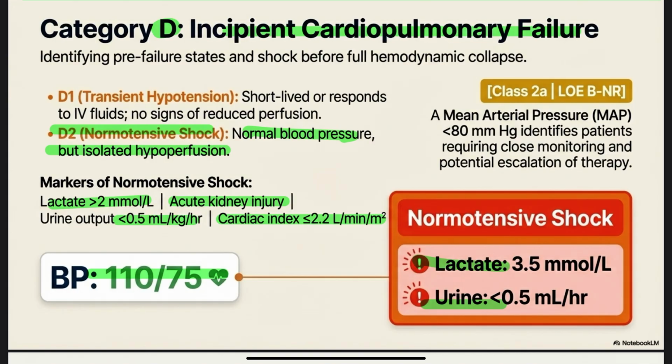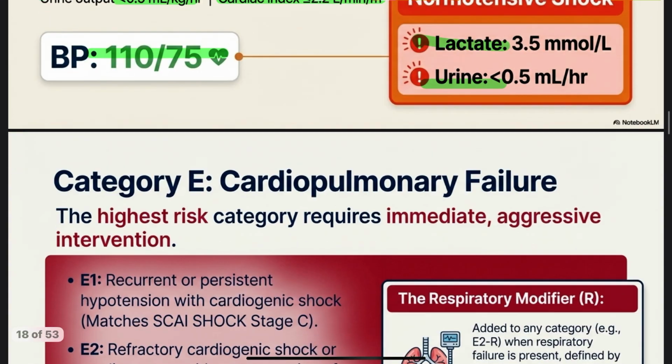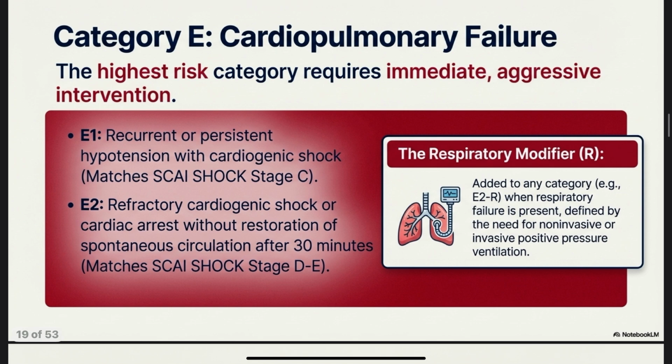And this is very, very important to tell whether the patient is in normotensive shock or not, because BP is not the only indicator in deciding whether a patient is going to die or not. Lactate, as I mentioned before, is very important, with urine output, and cardiac index also can be considered. Category E is the cardiopulmonary failure. High risk, who needs immediate and aggressive intervention.